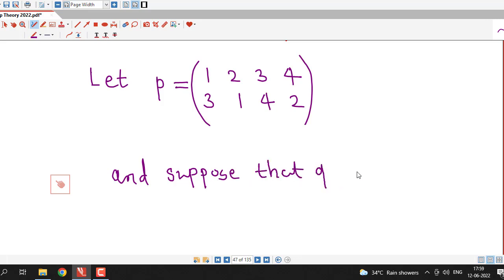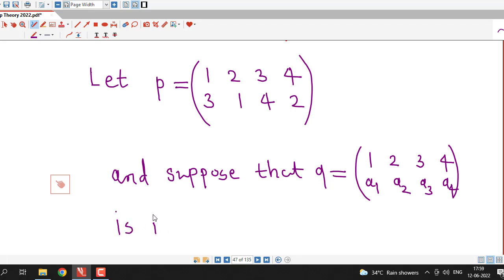So we don't know what is q, but we can write q in this way. This is always 1, 2, 3, 4, and here we assume that suppose image of 1 is a1 under q, image of 2 is a2, image of 3 is a3, and image of 4 is a4. So we assume that q is inverse of given permutation p.